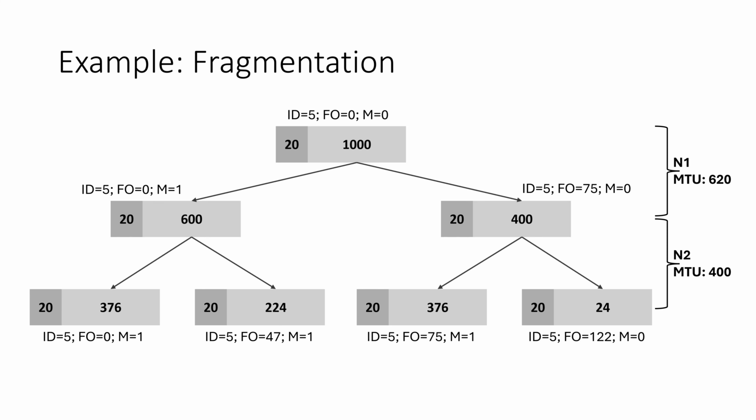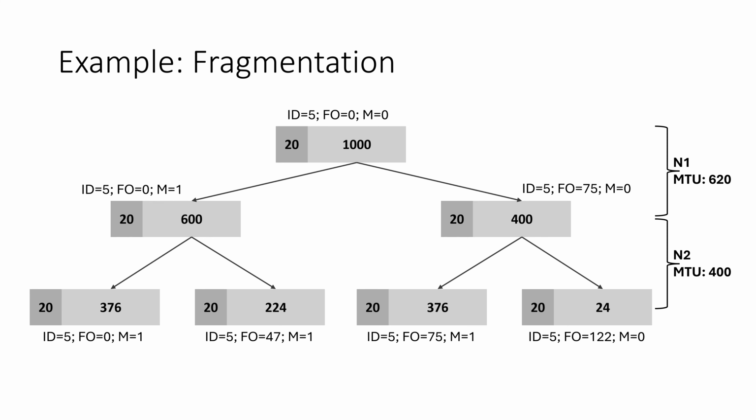Both fragments now travel through N1 and reach N2, where the MTU is even lower, just 400 bytes. Now both the 620 byte and 420 byte fragments are too big for this network, so they need to be fragmented again. Let's start with the first fragment, which was 620 bytes total with 600 bytes of data.